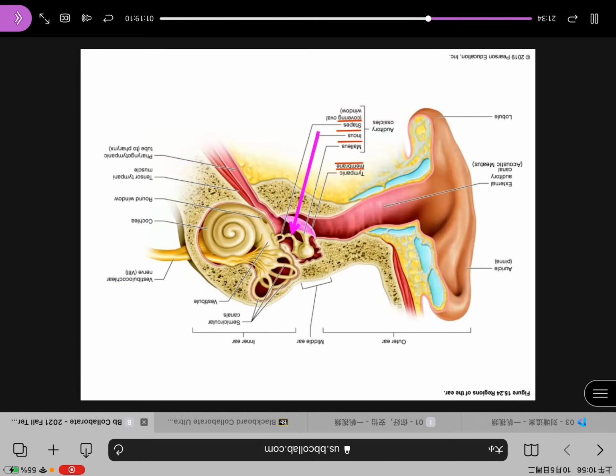Yes. The incus has that shape so that it can articulate with the next ossicle. Your next ossicle is the one you see there that has a very typical shape. It looks like what you use when you ride a horse. Has anybody ever gone horseback riding or likes to go horseback riding?